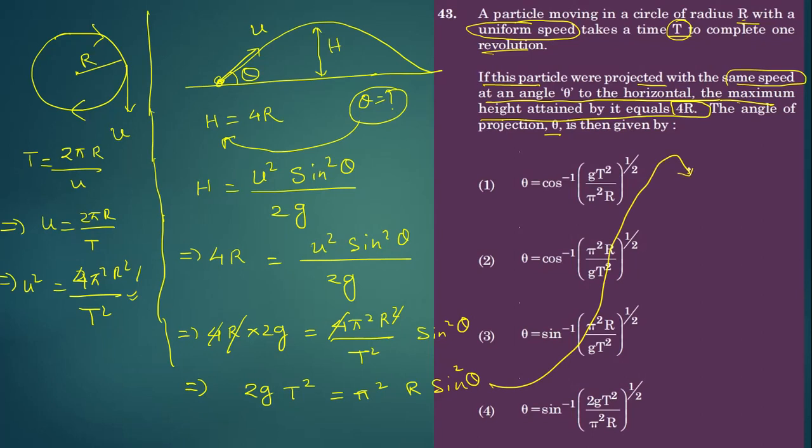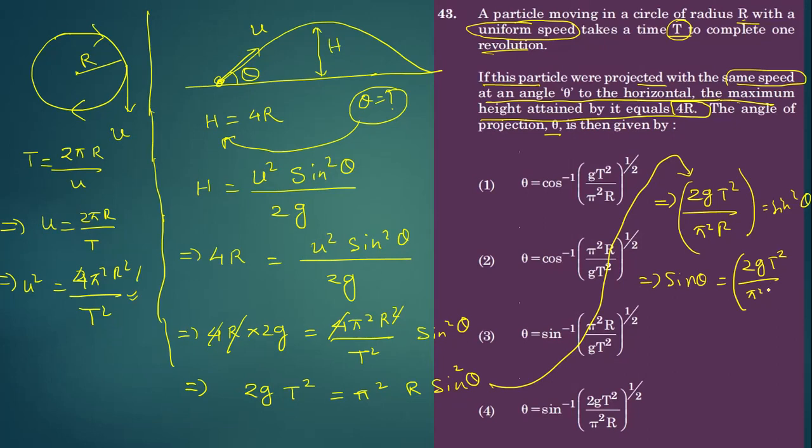Let us simplify further. 2g t square divided by pi square r is equal to sine square theta. Therefore sine of theta will be equal to the square root of this quantity, which is 2g t square over pi square r, all under square root. So option number 4 is the correct answer.